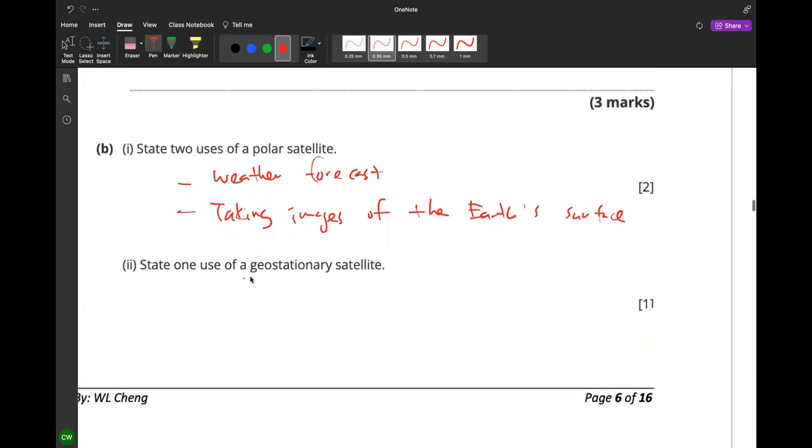Okay, what is the function of geostationary satellite? For what? For what podcast? Live podcast or telecommunication podcast? Telecommunication podcast. Live podcast.